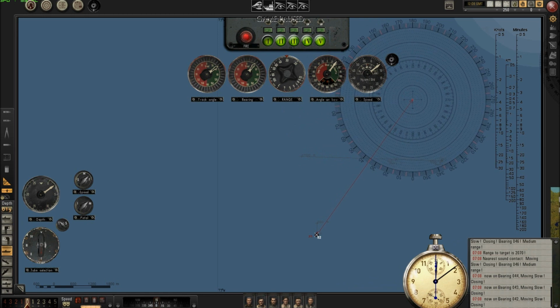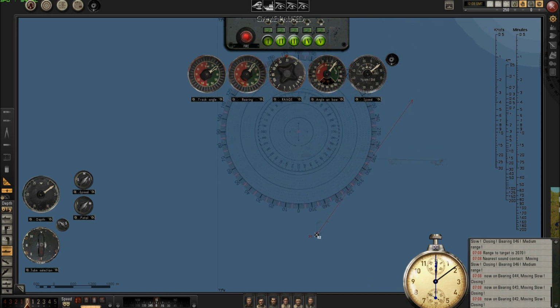Here is my 35 degrees. Okay, so I will fire my torpedoes when the ship will be here, right here. Okay, so now I have my bearing, I have my speed, I need the range and the angle on bow.